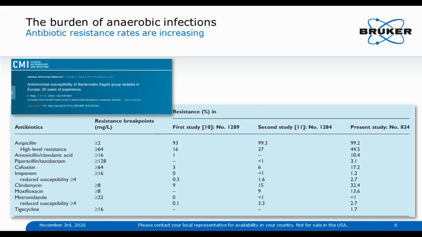This study shows a significant and worrying increase over the years in the resistance rates for all the antibiotic molecules investigated. As an example, widely used first-line antibiotics such as amoxicillin clavulanate and clindamycin rose from 1 to 10% and from 9 to 32% respectively. But even if lower, an increase was observed also for second-line antibiotics, such as imipenem.